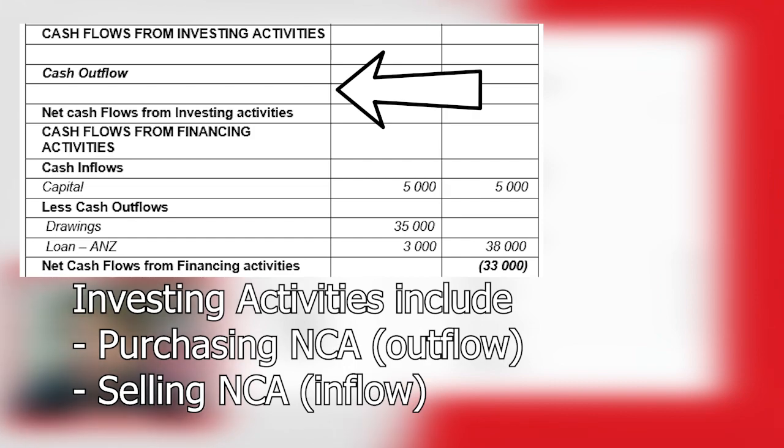If we sell the asset, it goes in the inflows because we receive cash for it. We buy it, and that makes our cash go down.